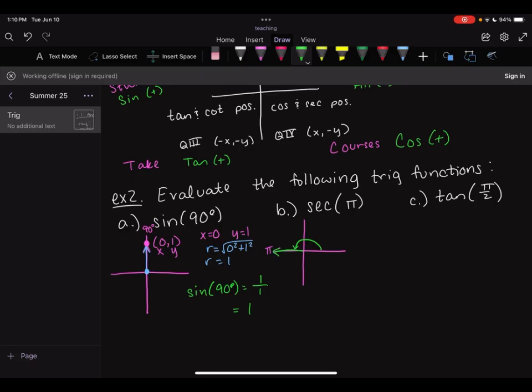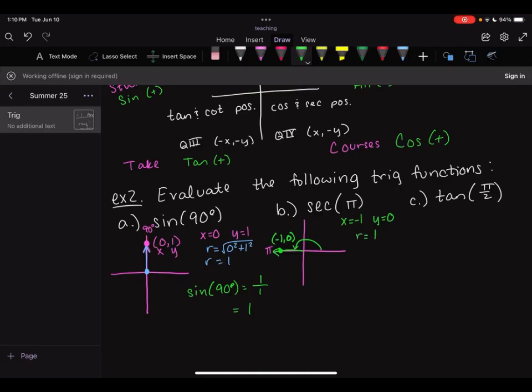And so these you're not really drawing as a triangle as much, that's why I wanted to go over them. So this is going to be the point -1, 0. And just as a reminder, I didn't have to pick 1. I could have picked -20 if I wanted to. So my x value here was -1, my y value is 0, my r, if I solve for it, I will get 1.